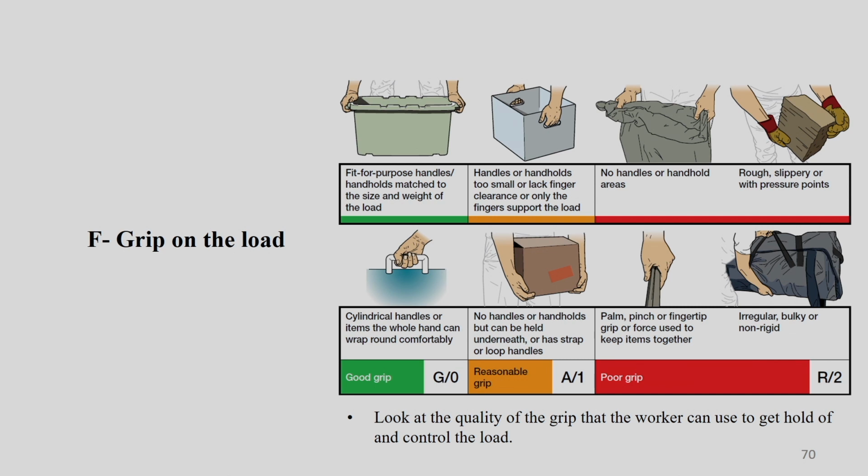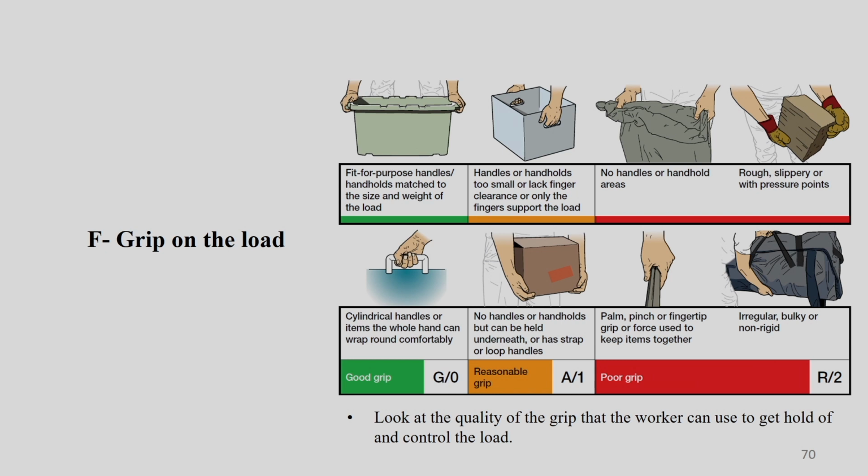Now, let us understand what is green, amber and red for grip on the load. We have specific definitions. First is green, that is G0. You say fit for purpose, it is actually for the purpose it has been designed, that handle has been designed, which is desirable. Handholds match the size and weight of the load.